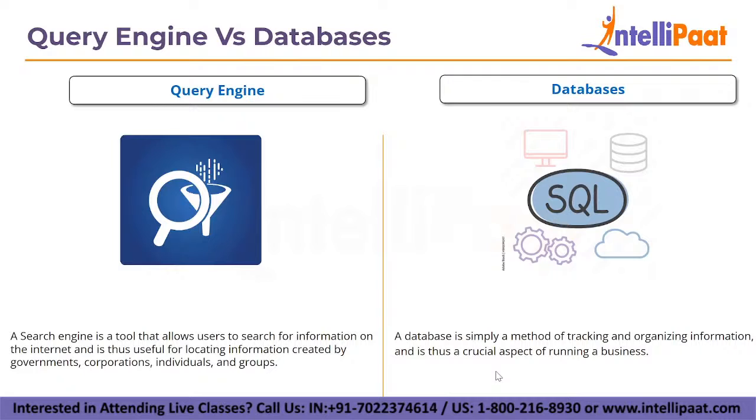As the name implies, a search engine is basically a tool that allows users to search for information on the internet, and thus it is useful for locating information created by government, corporations, individuals, and groups. It simply eliminates the need to manually search for information and does searches at rapid rates.